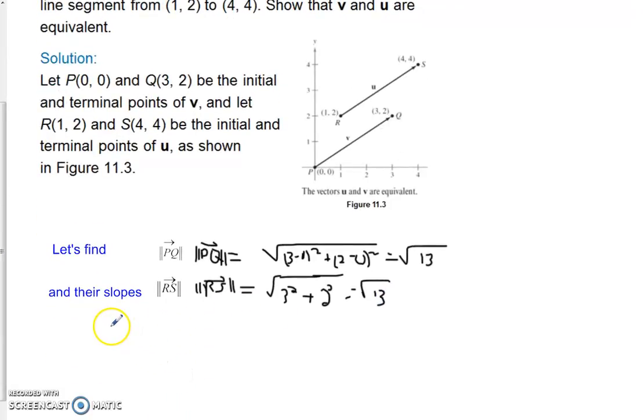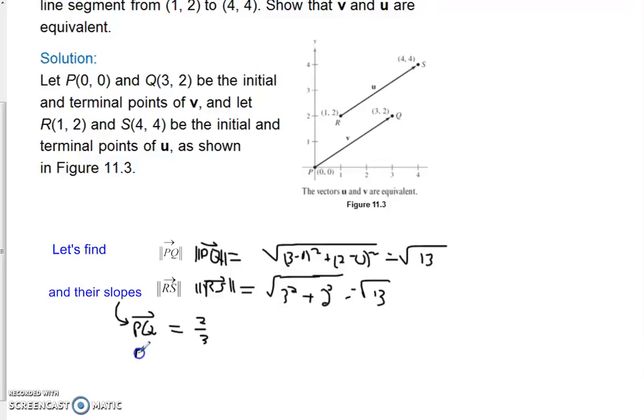Now it also said they had to have the same direction. How would I find the direction of these? Well, I think I could just simply look at their slope, right? The same steepness would give me the same slope. So I'm going to look at the slope of PQ. The slope of PQ is the rise, which is 2 units, over the run, which is 3 units, which is 2/3.